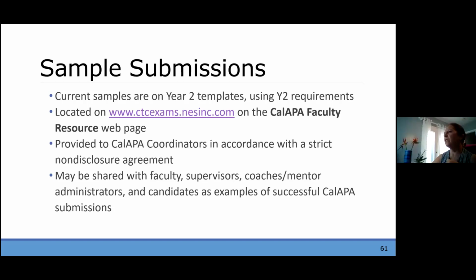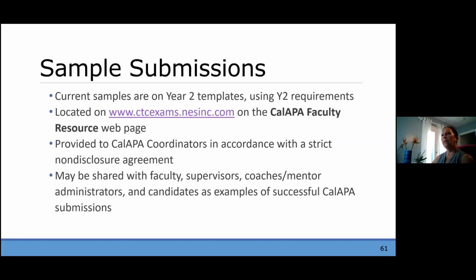You can use these candidate submissions for educative purposes, to work with your faculty, to use with your candidates, etc. So they are now posted and they are there for you to use, and we hope you do use them. Of course, over time, we'll have to add new ones as performance changes, but we do have 3 examples there for you now to use. And they're provided to coordinators in accordance with a strict non-disclosure agreement.